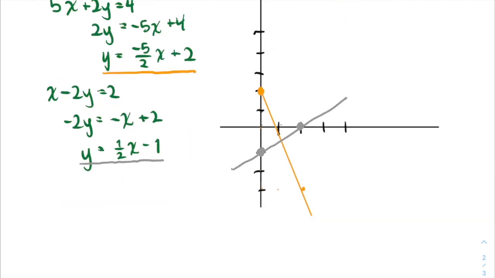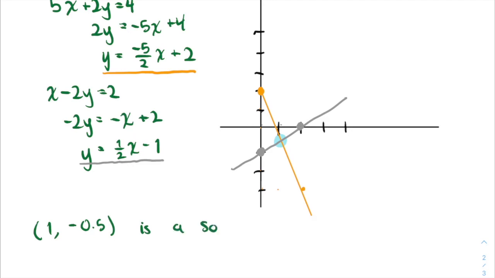Here we see that there is a point where these two solution sets intersect, meaning there's a solution that is common to both of these equations. This point is 1, negative 0.5. My graph might be a little imperfect.